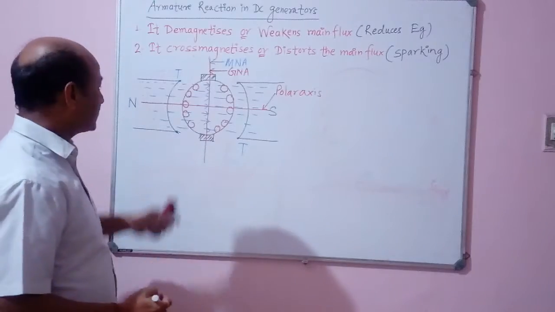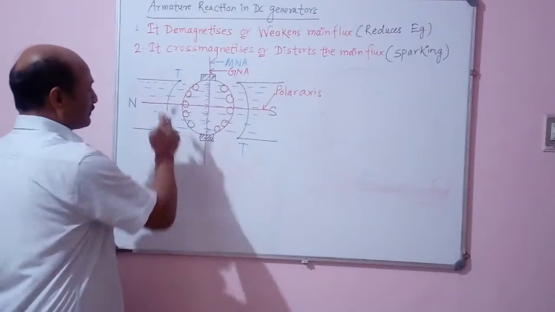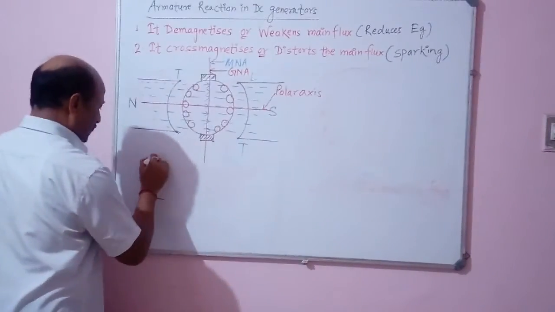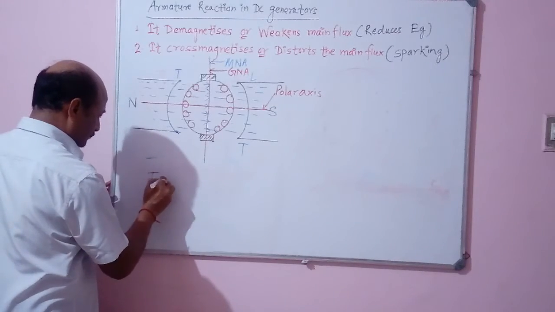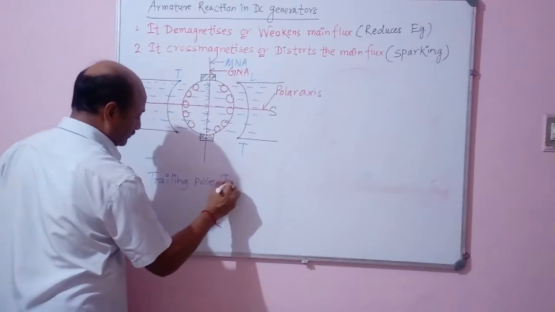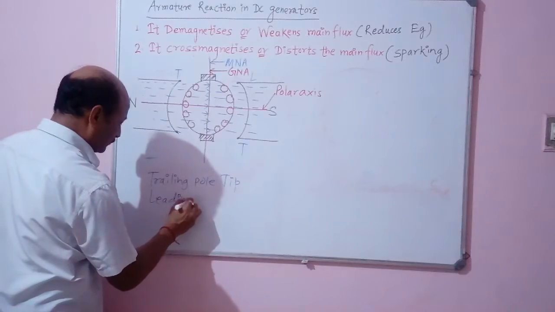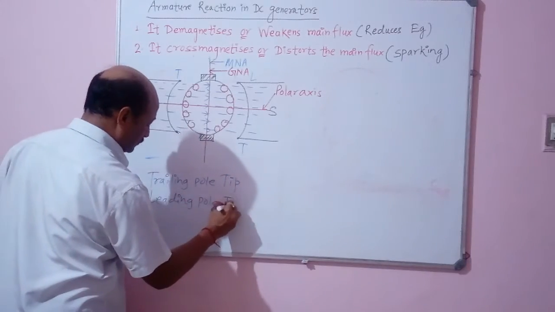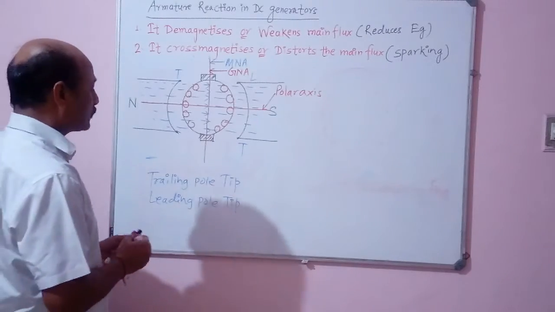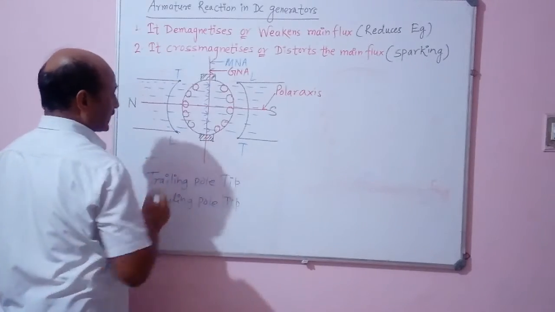How many pole tips are there? 1, 2, 3 and 4. Out of that, 2 are the trailing pole tips and 2 are the leading pole tips.